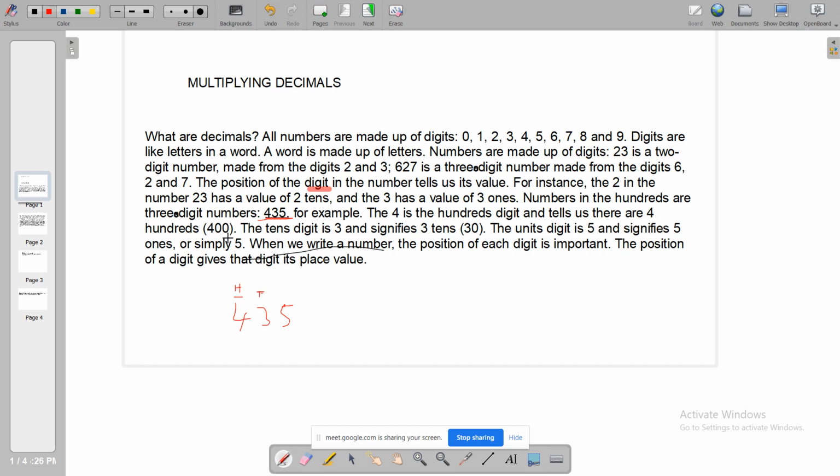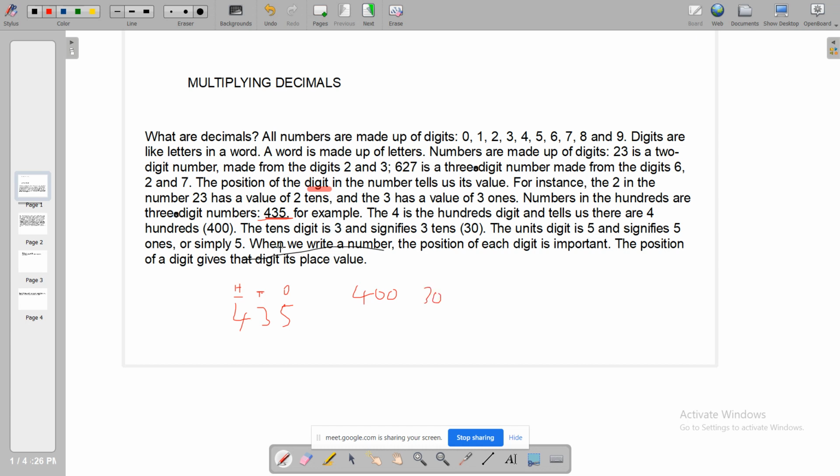And this column is the ones. So if I have this, I know the 4 stands for 400. This one is 30.